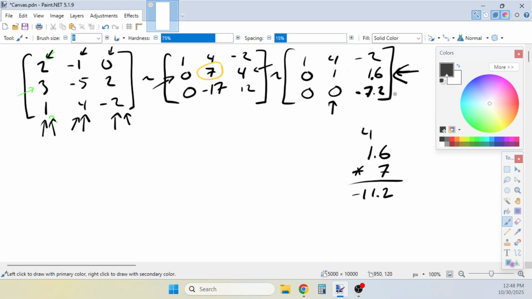This is not completely row reduced, but we have now gone through the forward direction. The forward direction gets us our rows.